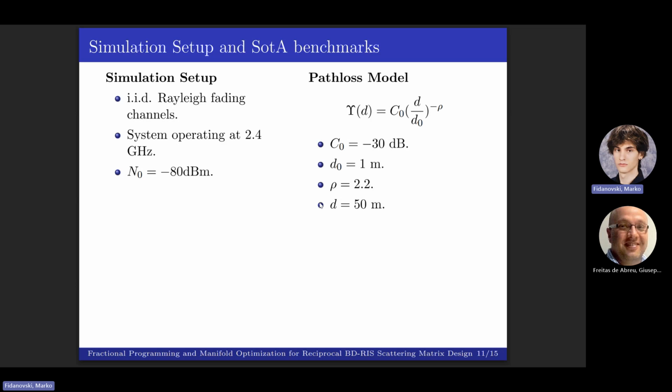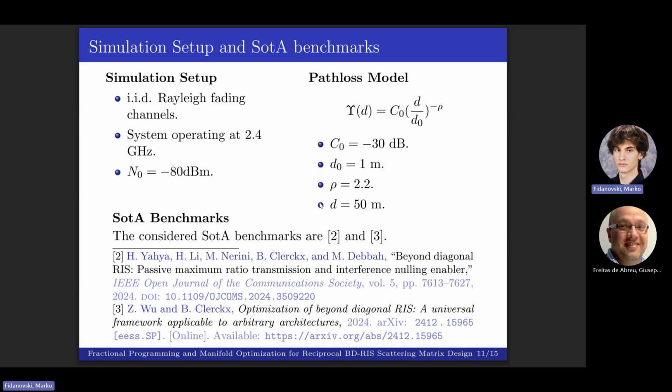So this D0 is the reference distance, and this rho factor is the path loss exponent. And then we consider that the base station is 50 meters away from the BD-RIS. Accordingly, the state-of-the-art benchmarks are as seen here, references 2 and 3, and we will go a bit into the results that we have provided in this paper.